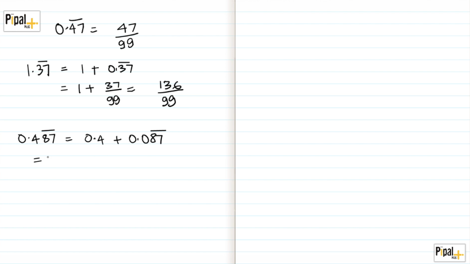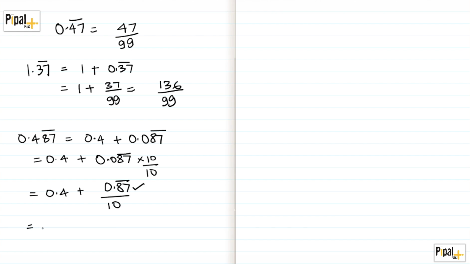Now I'll leave 0.4 here for now, and I'll multiply and divide this 0.0 with 87 repeated by 10. Now this becomes recognizable, right? So now you recognize this is 0.87 repeated divided by 10. Now this I can solve.